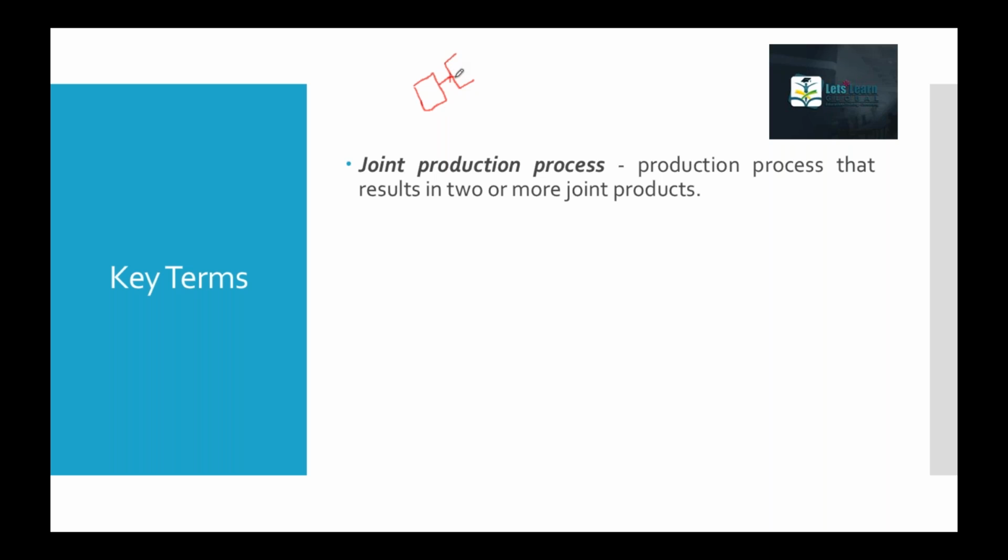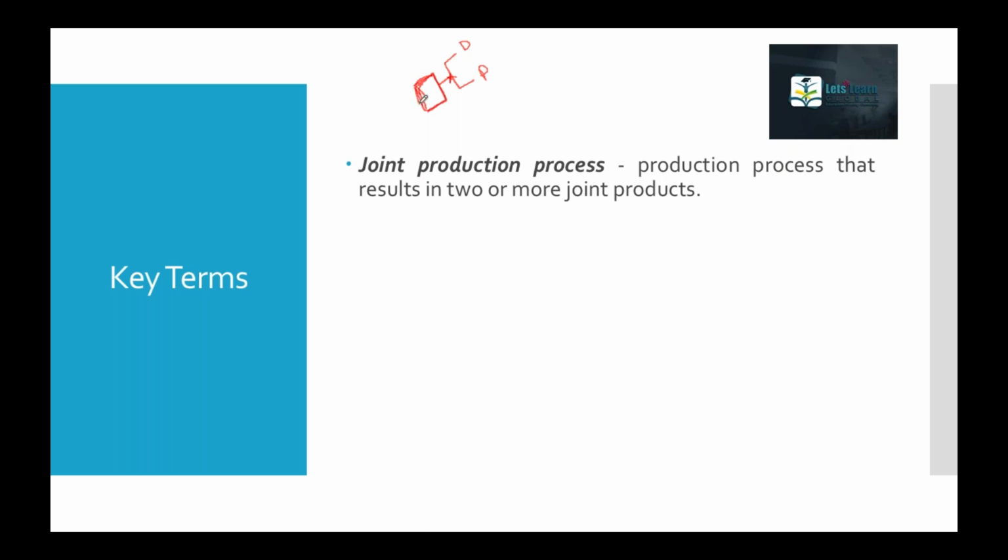Until you identify here, they were produced in a joint operation, like diesel, petrol. We extracted diesel and petrol in a single format here. After you extracted, you identified that this is diesel and this is petrol.